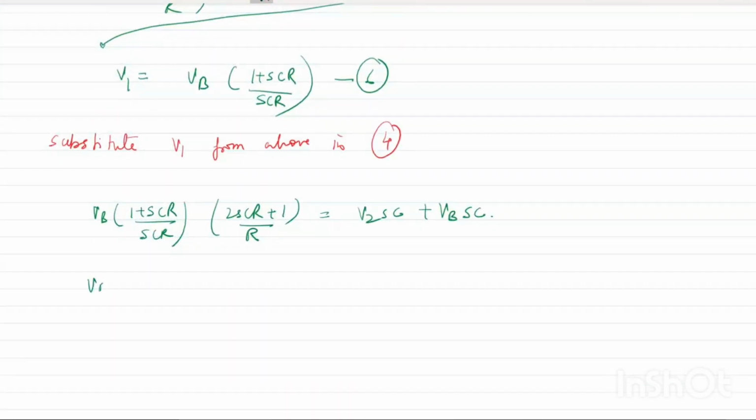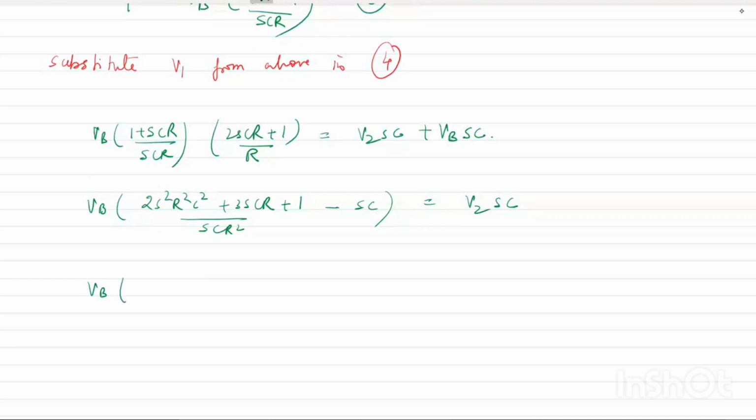I'll simplify this. What I'm getting: V2 is still pending, V2 still has to be removed. So VB, if I multiply this, what I'm getting is 2S²R²C² plus 3SCR, if I multiply, I get this, right, plus 1 upon SCR². VB is also on the right-hand side, take it here: minus SC equals V2 SC.